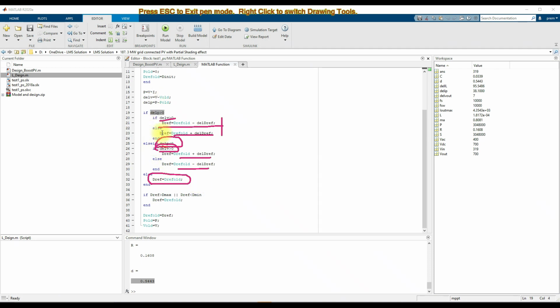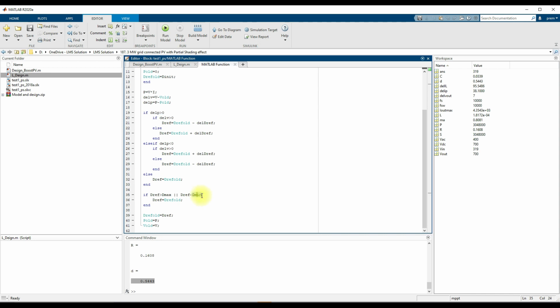After calculating this D_ref, you have to check that the D_ref is within the maximum and minimum limit. That is why we are checking the limit of D_ref, whether it is between the maximum and minimum value. If any one condition is not satisfied, then we have to maintain the previous value, that means the duty cycle reference will be the previous duty cycle.